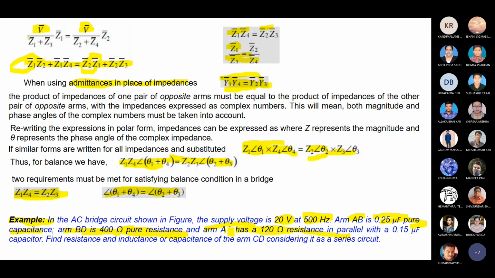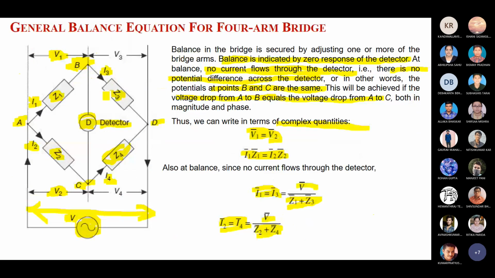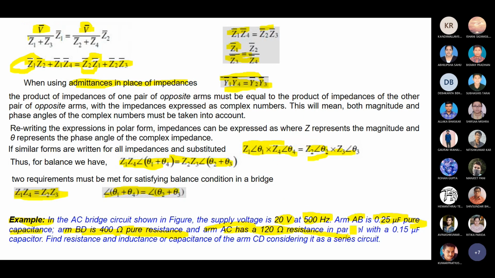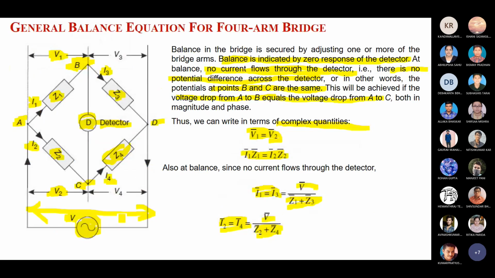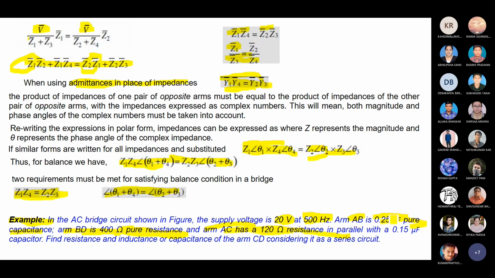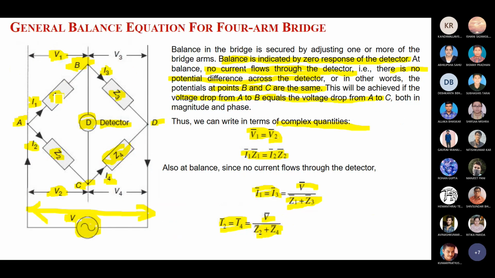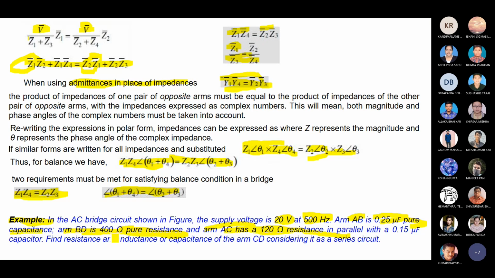So the supply is 20 volt, 500 hertz. The AB arm is given as 0.25 microfarad pure capacitance. Then the AC arm is there, and the BD arm is there.